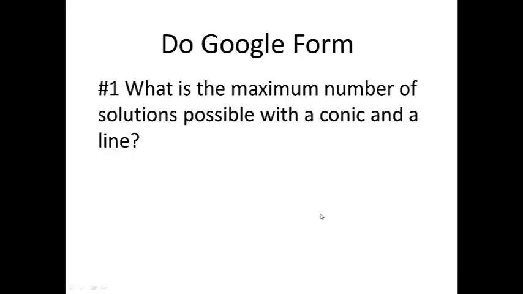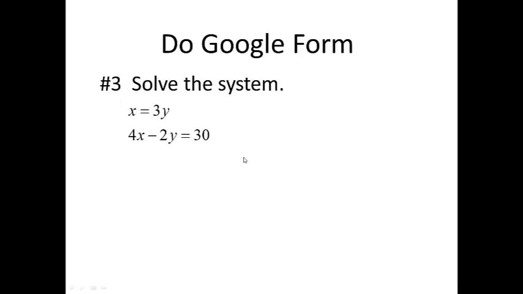Okay, the Google form. There are a couple of questions on here that require you to see the problem. So here you go. What is the maximum number of solutions possible with a conic and a line? Number 2, what is the maximum number of solutions possible with 2 lines?